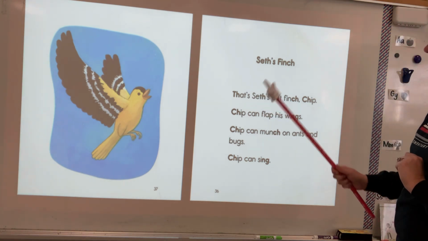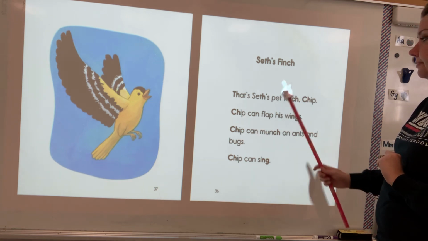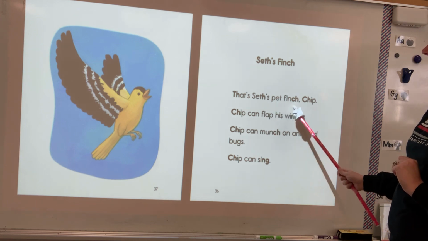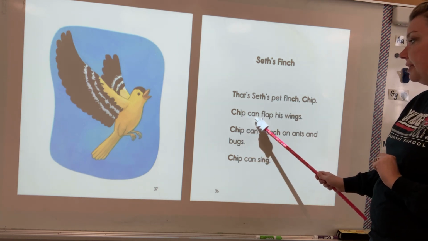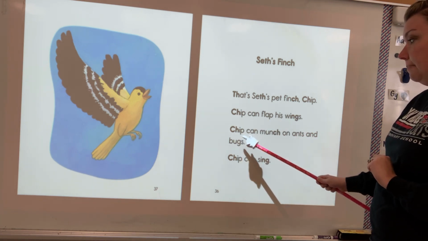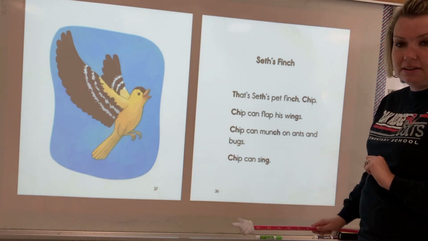Let's read. Seth's Finch. That's Seth's pet finch, Chip. Chip can flap his wings. Chip can munch on ants and bugs.